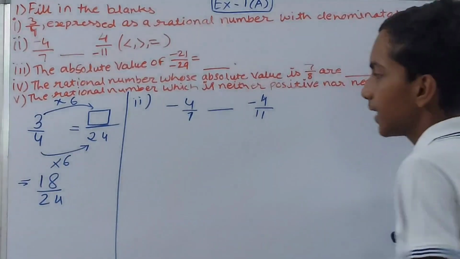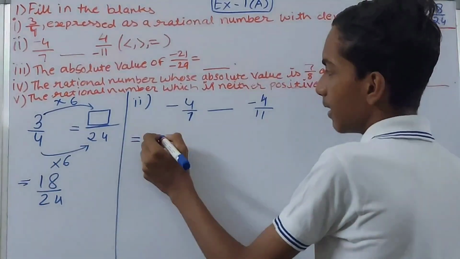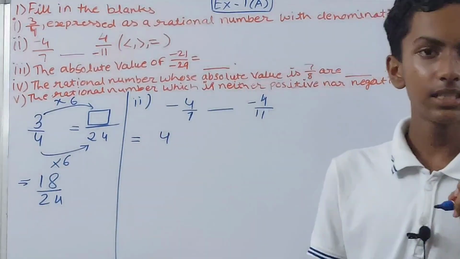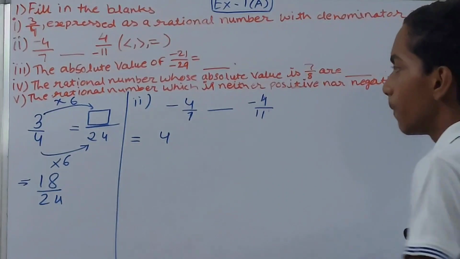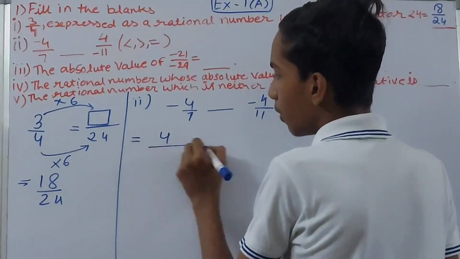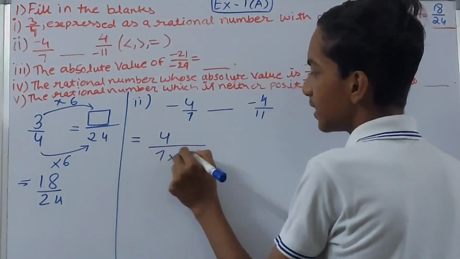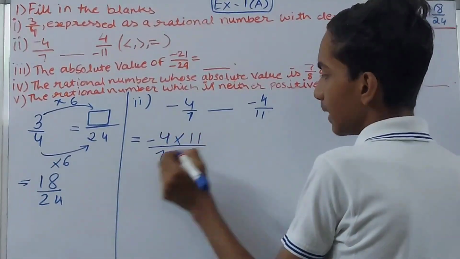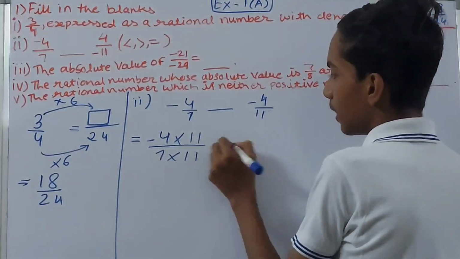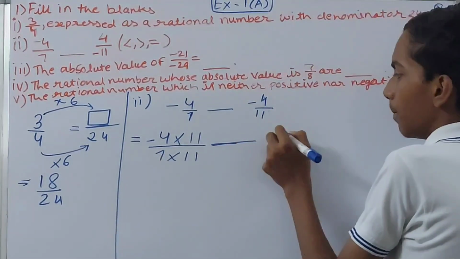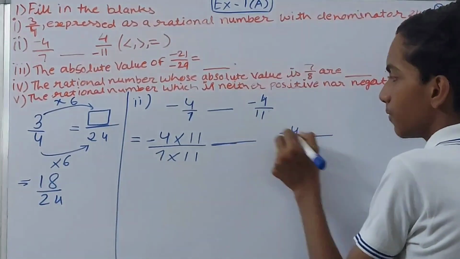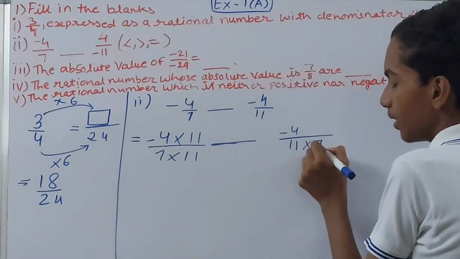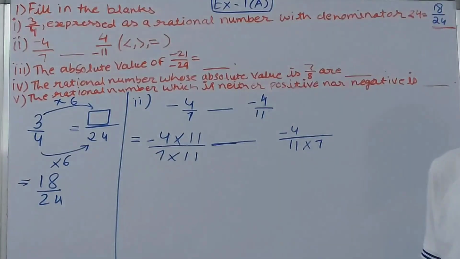So now the next step is going to be comparing them again. 7 and 11, LCM of 7 and 11 is 77, right? So 7 into 11 is 77, so minus 4 into 11, and the second fraction is again the same thing, minus 4 upon 11, 11 into 7 will be 77, right?